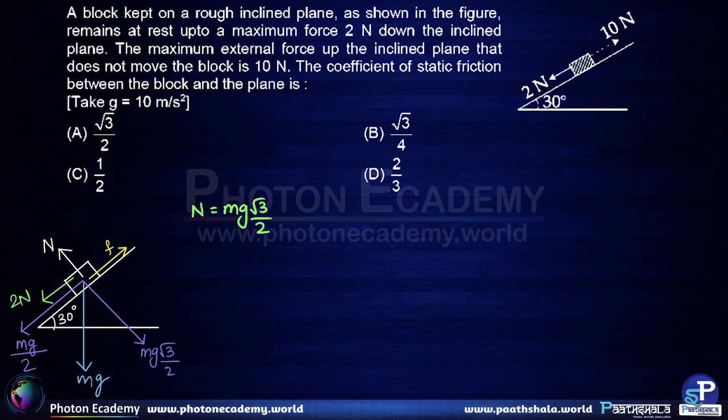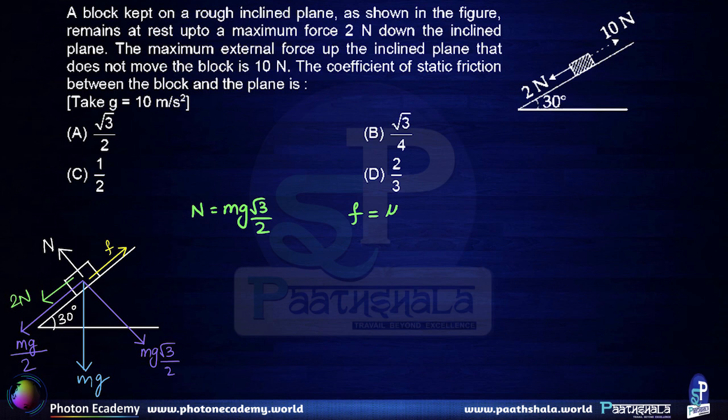Now the maximum static friction which can act is mu N, where mu is the coefficient of static friction. Now balancing the force along the inclined plane, we get F equals 2 plus mg by 2.